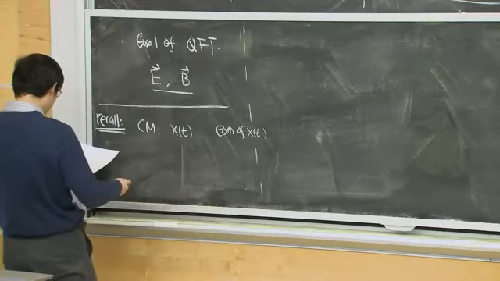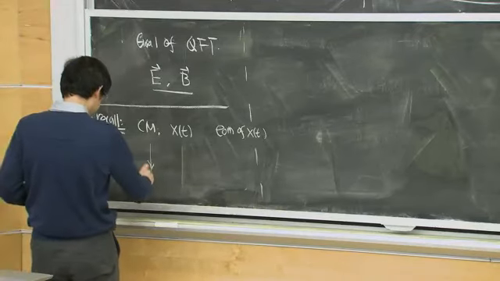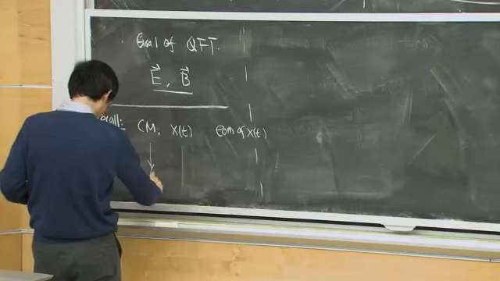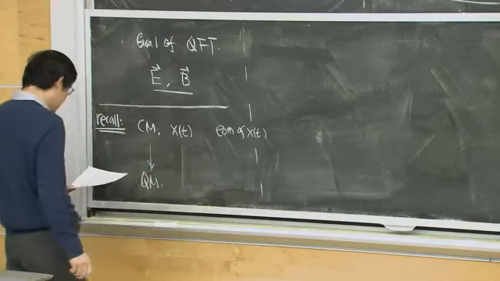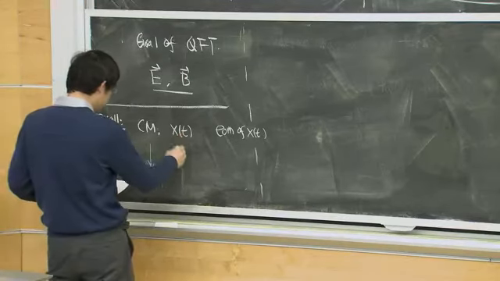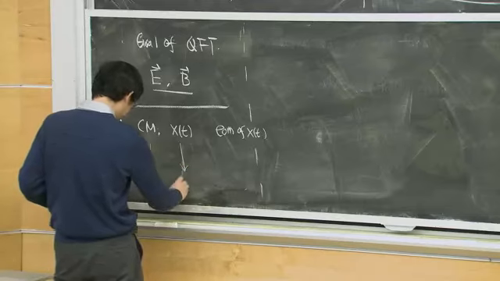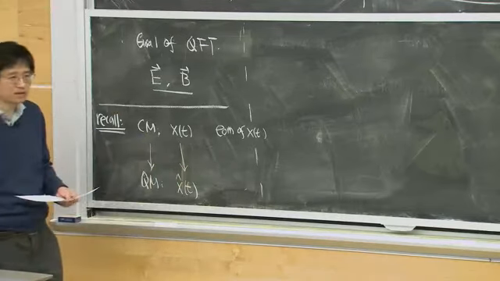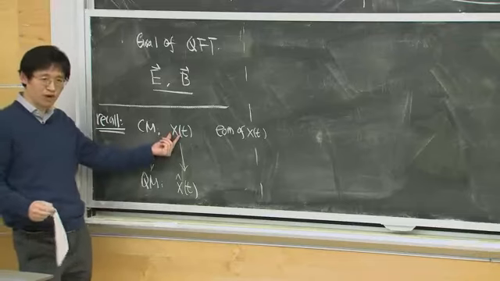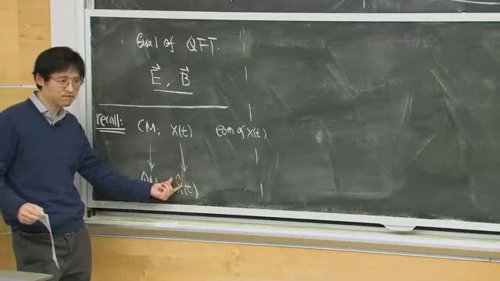When we go to quantum mechanics, this x(t) becomes an operator. So a classical dynamical variable now becomes a quantum operator.